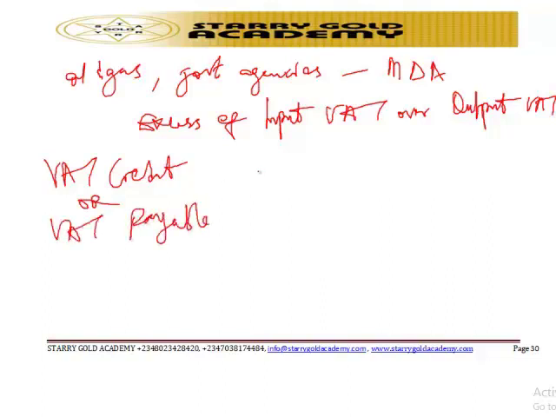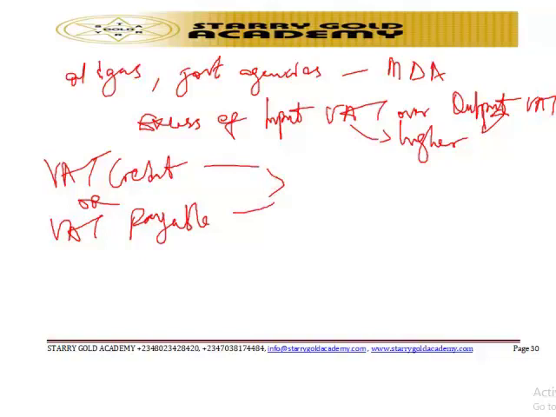You have a VAT credit when your input VAT is higher than the output VAT. But where your output VAT is higher than the input VAT, then you have VAT payable.